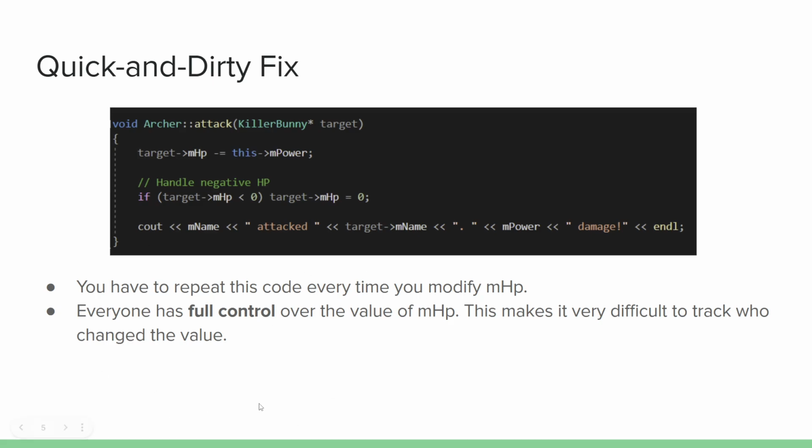And the thing is, we don't want all the classes to have full control of the properties or the variables of other classes. We may want to contain it somehow.